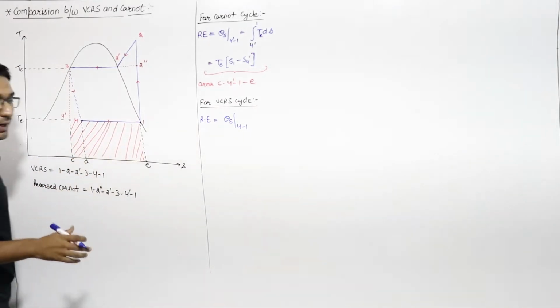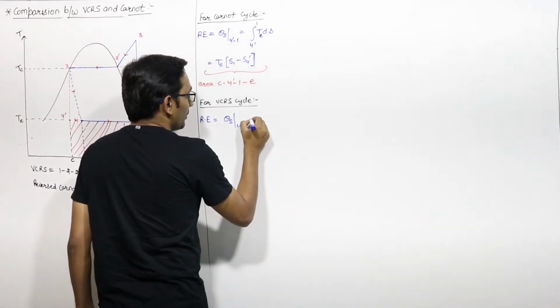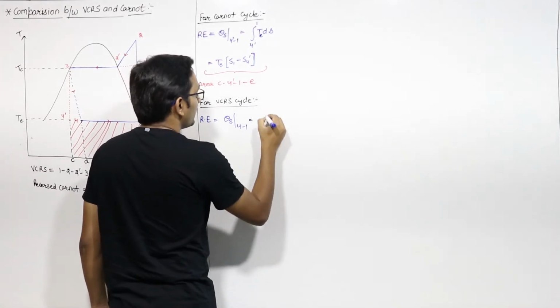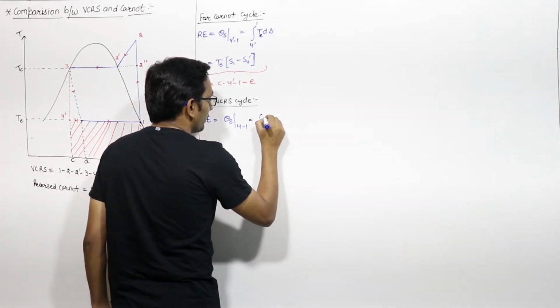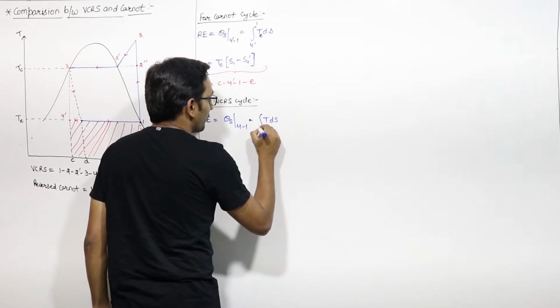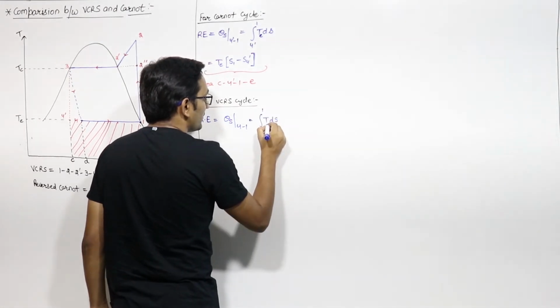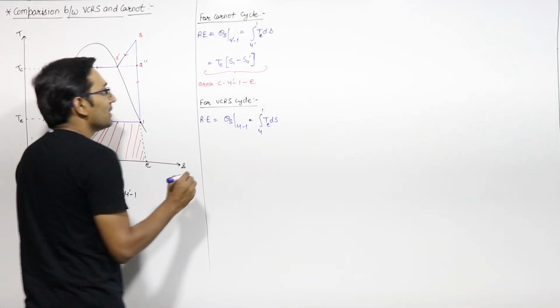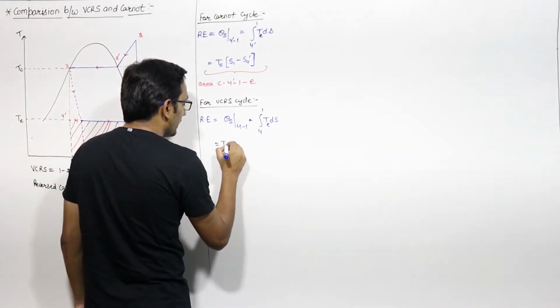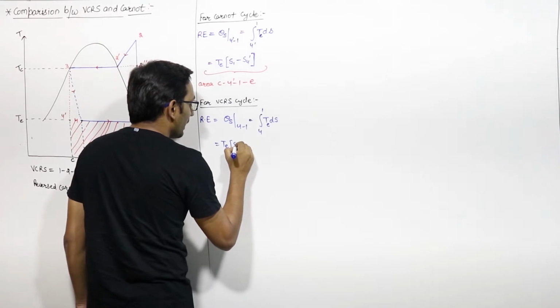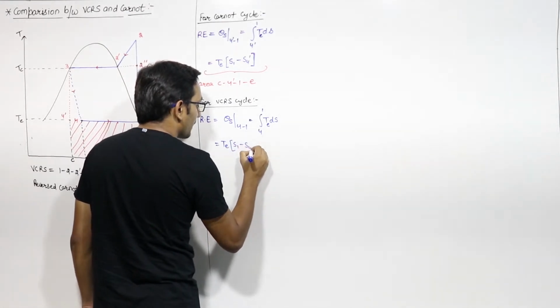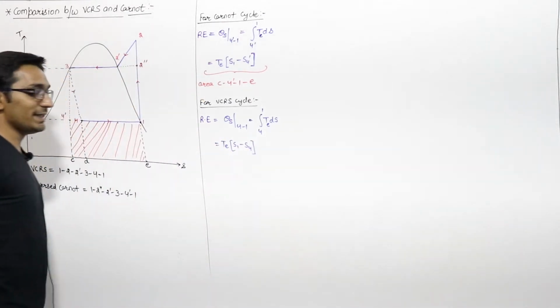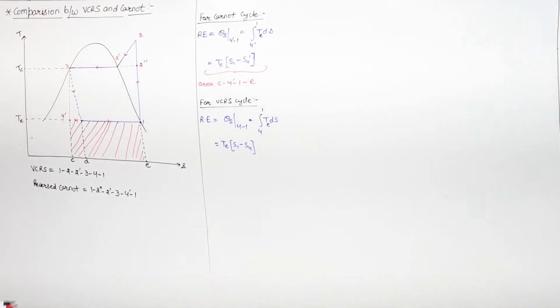This is the integration of TdS from point 4 to 1. This is entropy, this is evaporator temperature. So this will be equal to TE into (S1 minus S4).